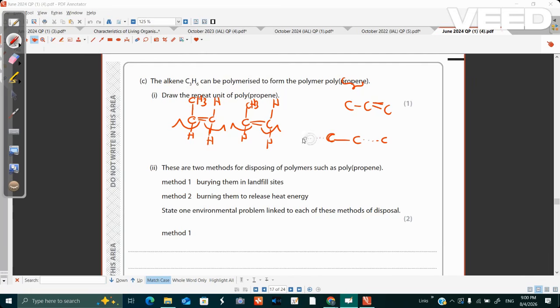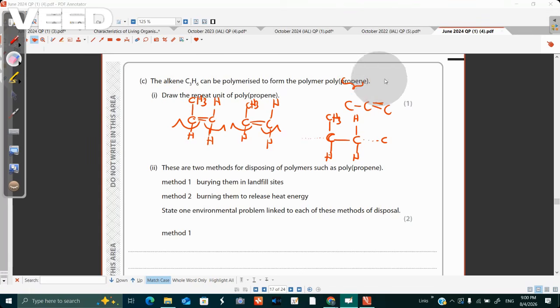From the back end also it is connected with the other similar molecule. But you must remember the sequence. Same sequence must be maintained. Here also same sequence. Sequence must be maintained.